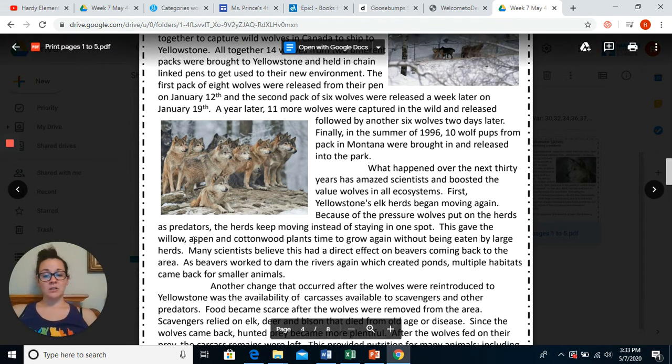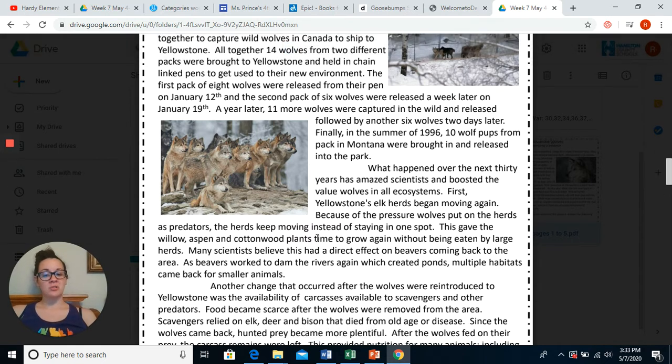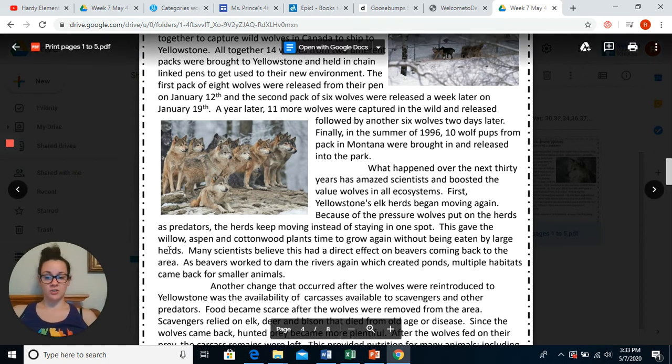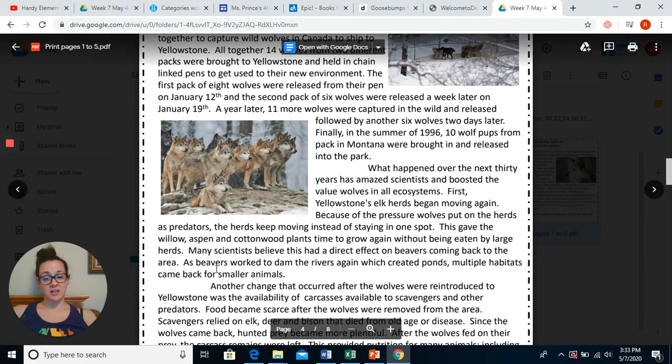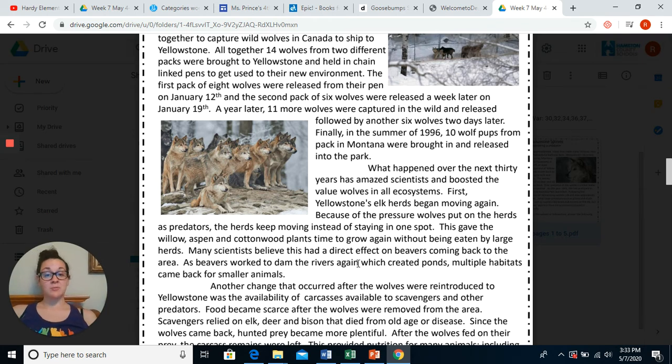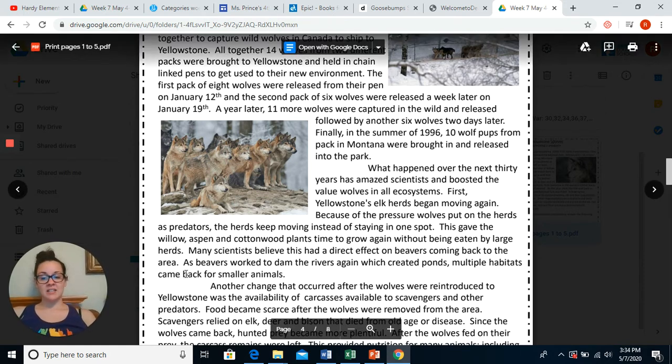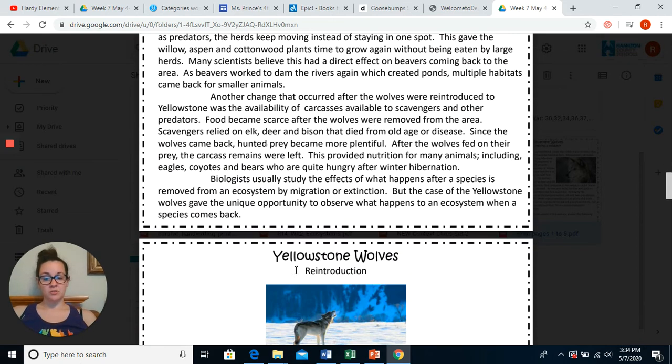This gave the willow, aspen, and cottonwood plants time to grow again without being eaten by large herds. Many scientists believe this had a direct effect on beavers coming back to the area. As beavers work to dam the rivers again, that means building their large wooden dams that stop the flow of the water, which created ponds, multiple habitats came back for smaller animals.